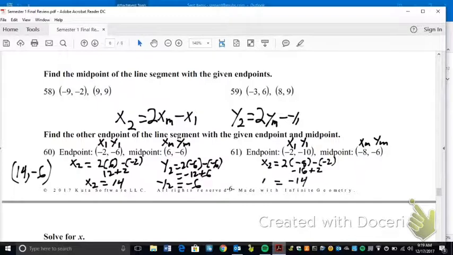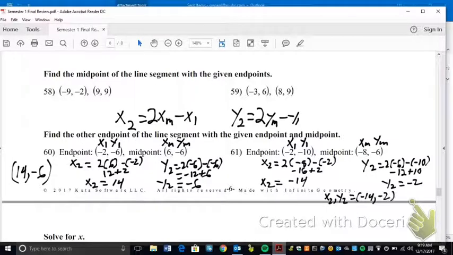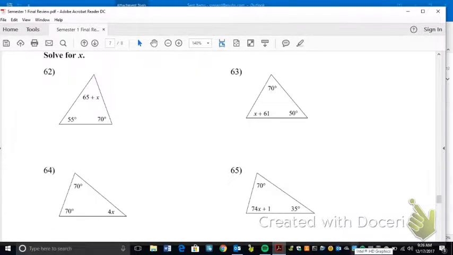Get negative 16 plus 2, x2 equals negative 14, y2 equals 2 times negative 6 minus a negative 10, or negative 12 plus 10, or negative 2. So our second endpoint there is negative 14, negative 2.